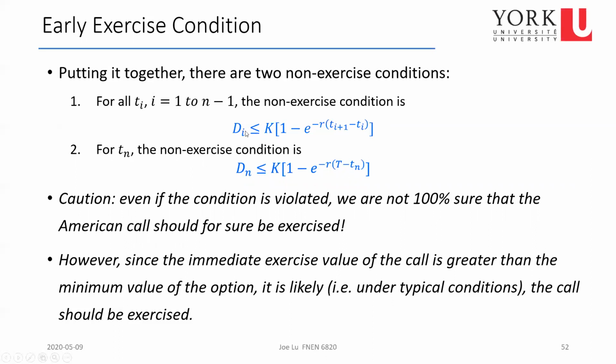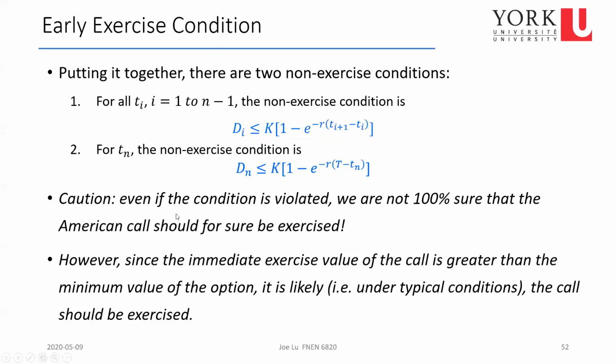So here is any one earlier than the last dividend payment, and this one is the last dividend payment. The difference really is that the discounting period here is between the current time and the next dividend payment time, and here it is from the current dividend payment time to the final maturity.